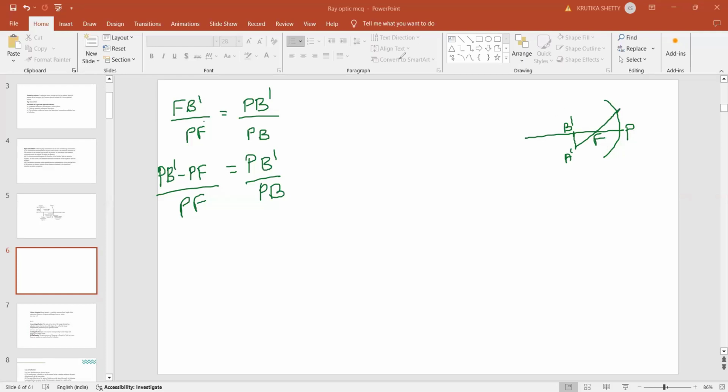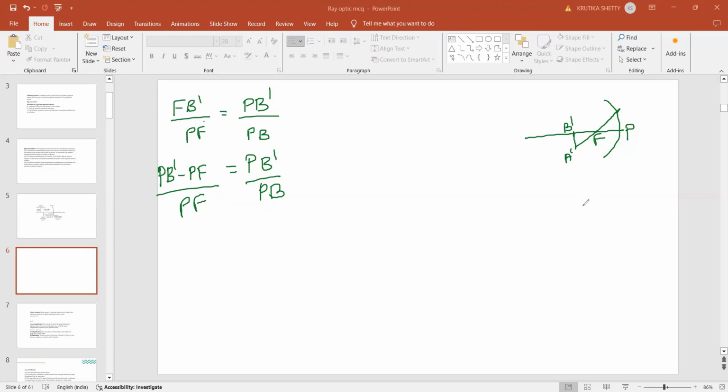So see, from the figure you can see F B dash here. Can we write F B dash as P B dash minus P F?